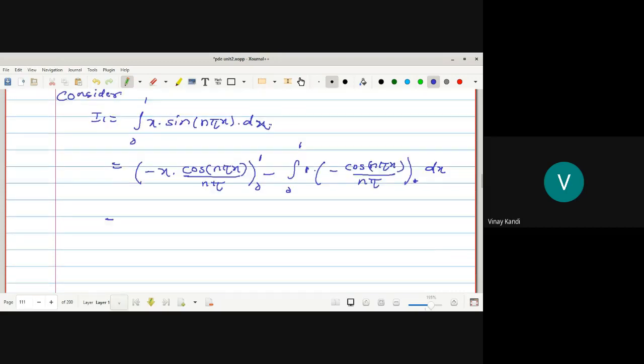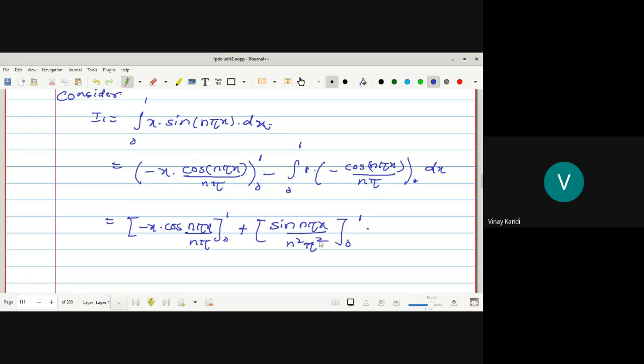Now again this is minus x cos n pi x divided by n pi, lower limit 0 upper limit 1, minus, minus minus plus, integration of cos n pi x is sin n pi x divided by n square pi square, with lower limit 0 and upper limit 1.